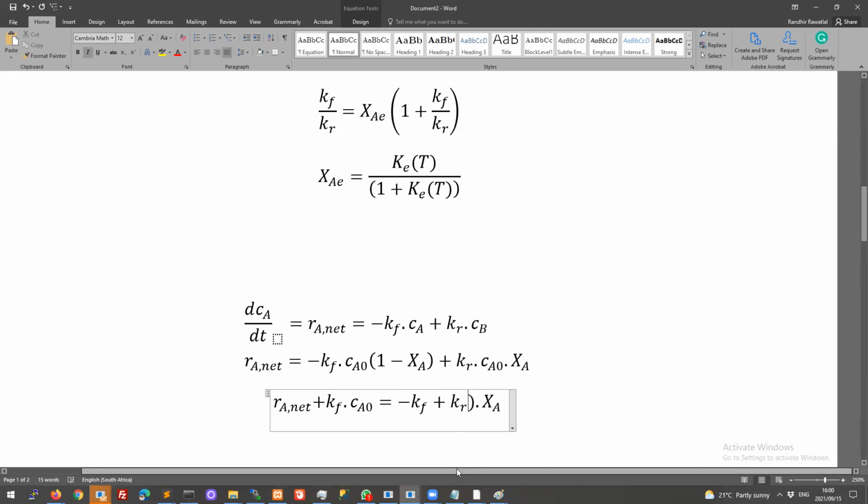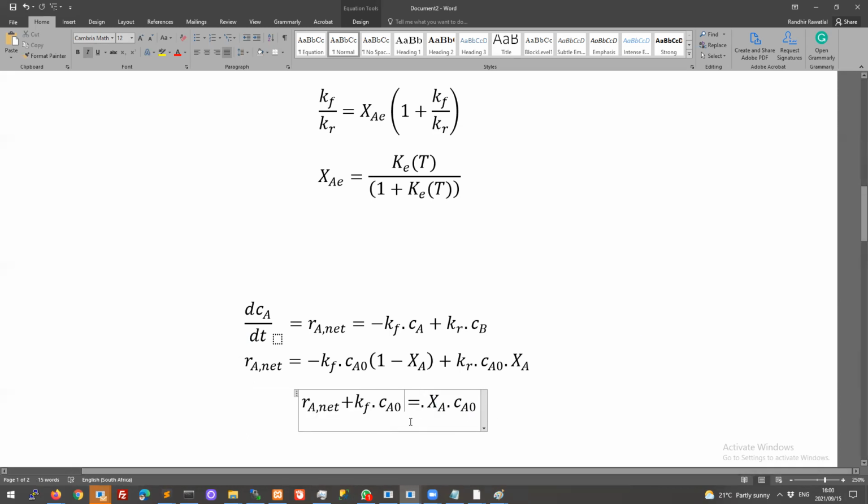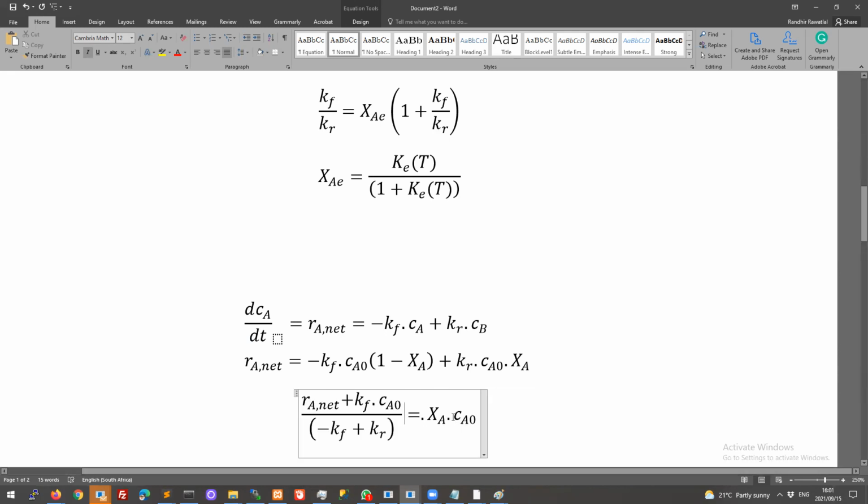So we can say XA CA naught equals this stuff. Now you see the CA naught can cancel, but we didn't write it there, so let's just keep it. So we can rewrite this by dividing the left-hand side by this, and then dividing by CA naught.